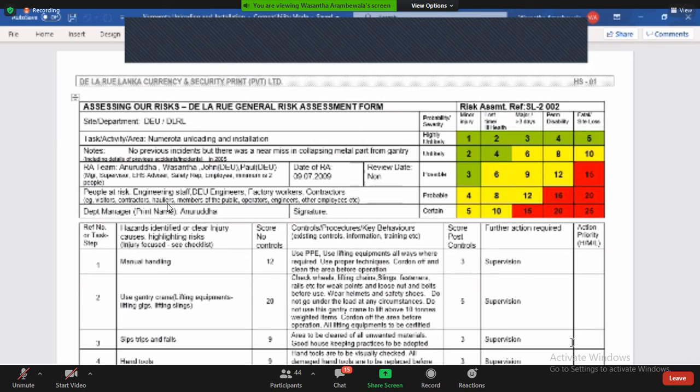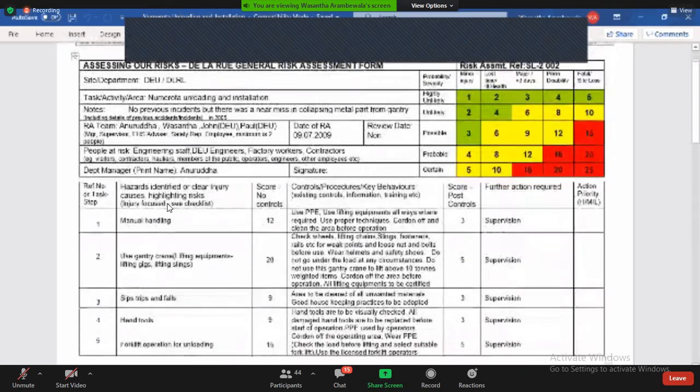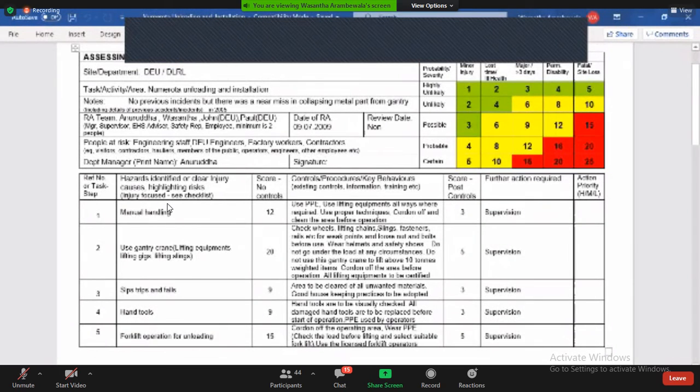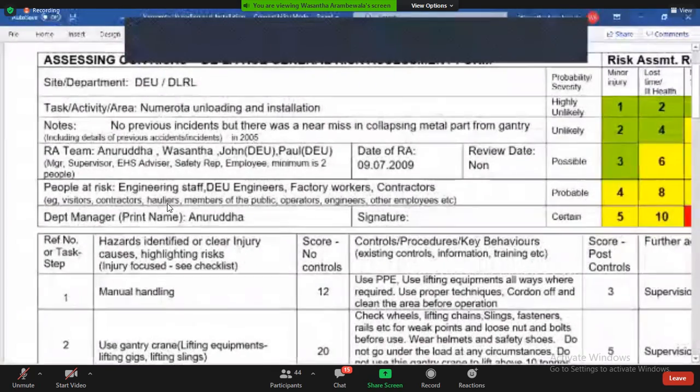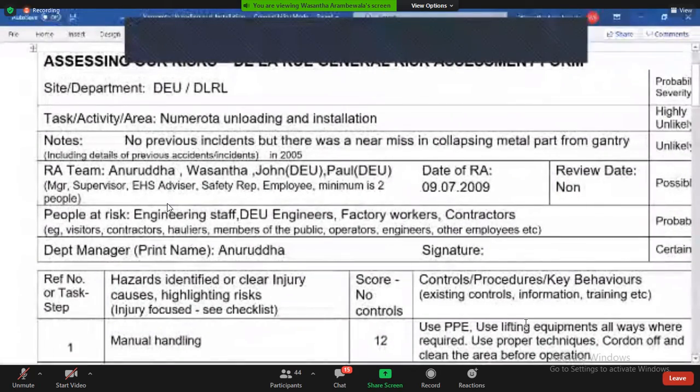Yes, sir. Can you see the form? Is this visible or do I have to enlarge it? Can you read it or not? Difficult to read. We can't read, sir. Not clear. Now? How about now? Now we can read. Okay, great.